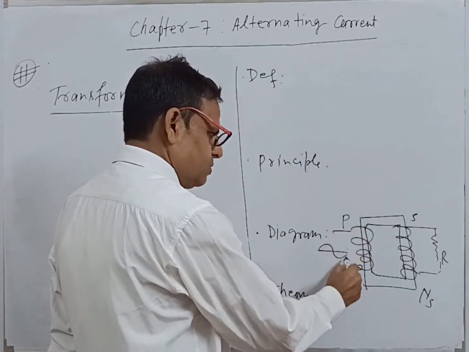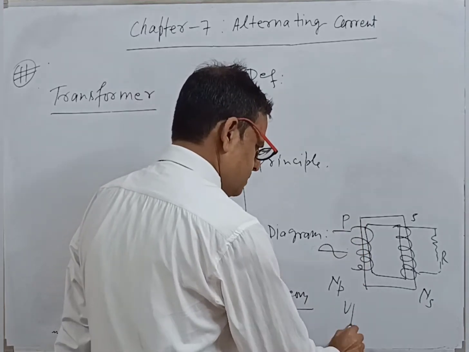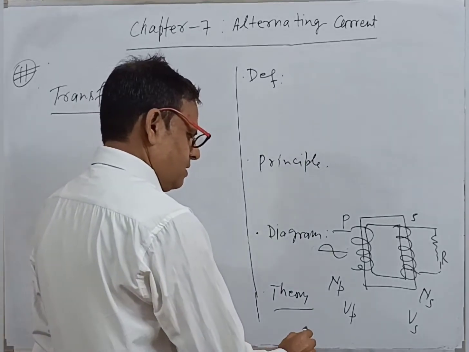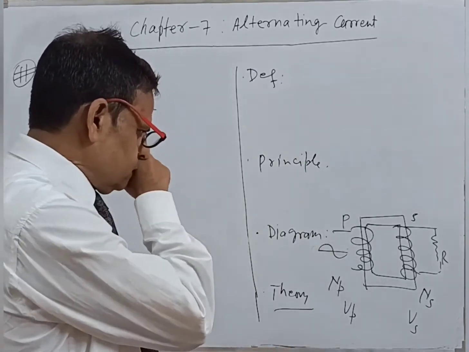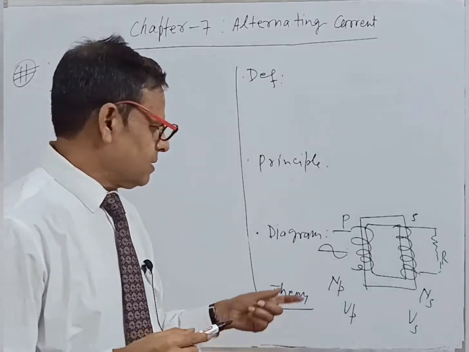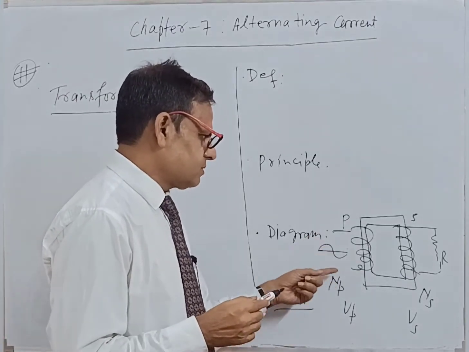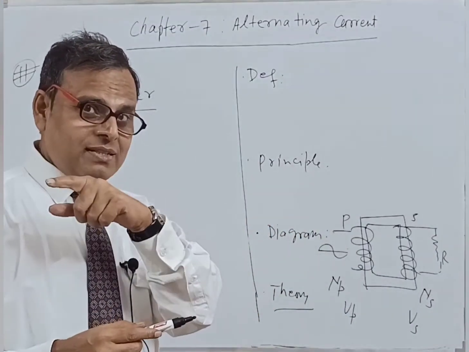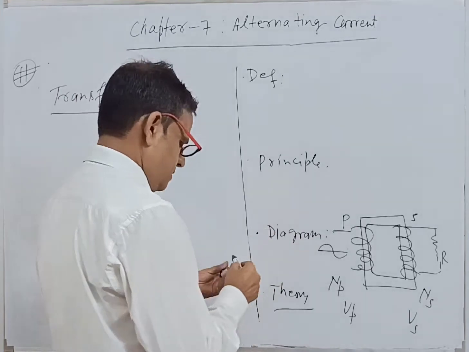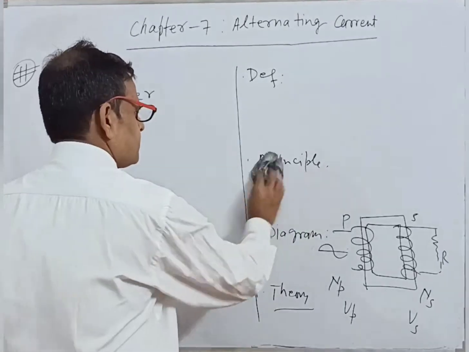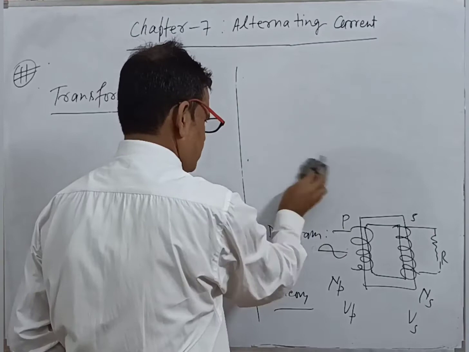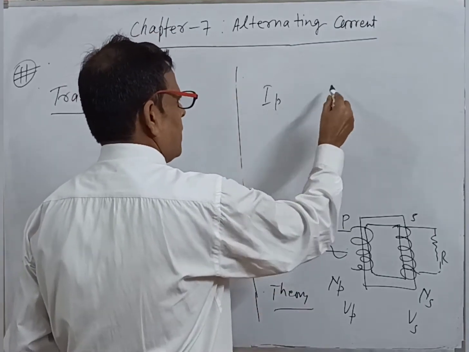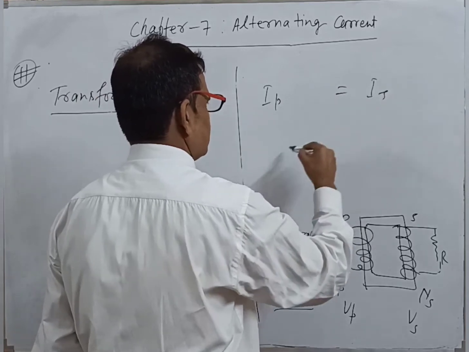The induced voltage across primary is VP, across secondary VS, and the current in primary is IP, and in secondary current is IS.